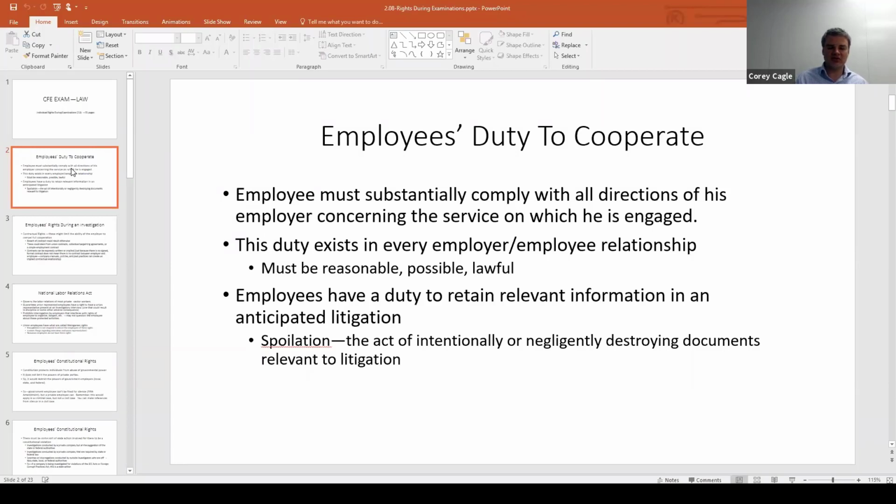Spoliation would be them destroying all that stuff before they get their hands on it. That's not legal. So spoliation is a term to take note of. It's the act of intentionally or negligently, even if it wasn't intentional, destroying documents that are relevant to a litigation. So far that's the employee's rights in an examination. Cooperate. Don't destroy stuff that you shouldn't destroy, right?